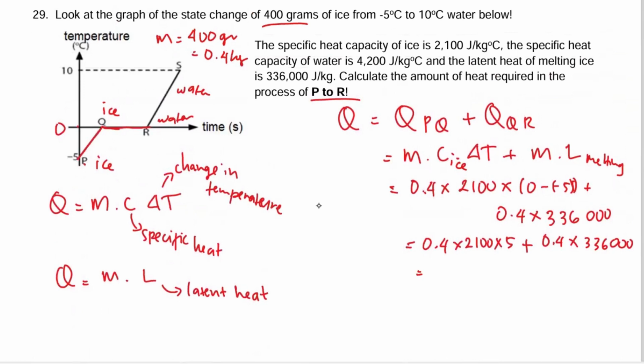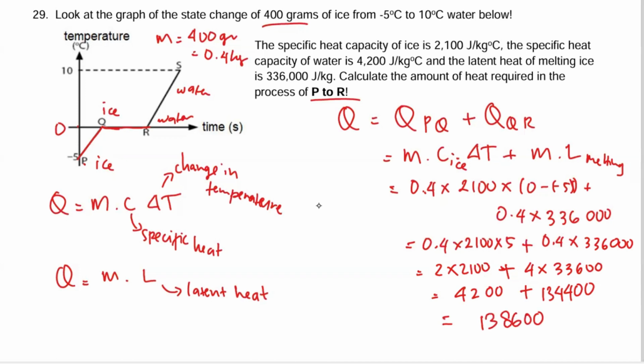I don't like this number, so I count 0.4 with 5 and I get 2 times 2,100, which is 4,200, plus this one, 0.4 times 336,000.